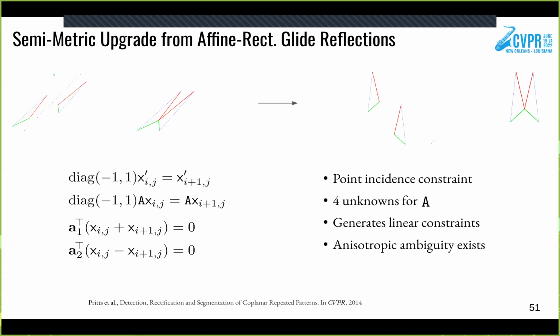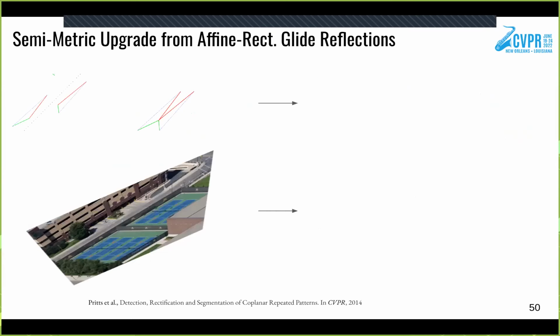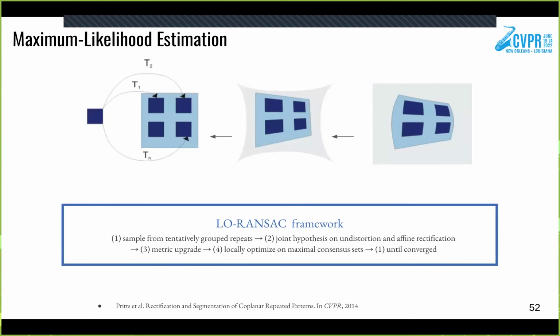And X prime is our metric rectified point. And then we introduce this A, which is our unknown semi-metric rectification, and solve these system equations, which is this incidence equation, also linear. So both of these are very fast because both metric and semi-metric are linear upgrades.